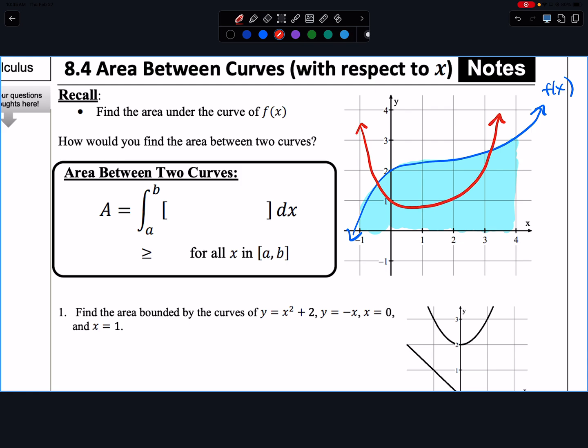So I'm going to call this g of x. If I want to find the area under the curve of g of x from -1 to 4, do you guys agree that'd be something like this area?